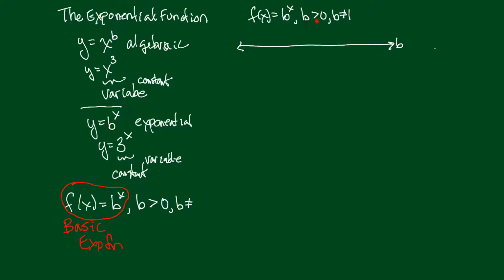Now the base has to be greater than 0, not equal to 1. So let's just put a 0 someplace. That's 0, right? That'll be our 0. And what we're looking at now are just points out here except 1. So I'll put an open circle at 1 here also.